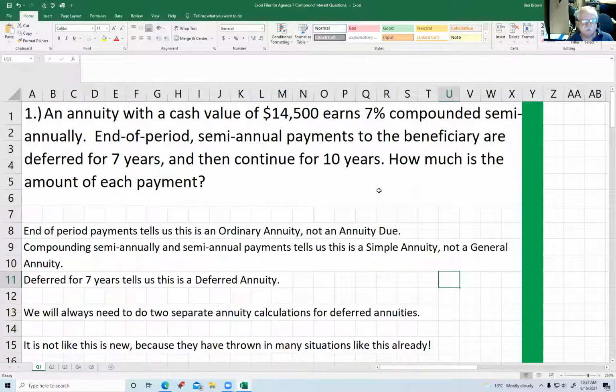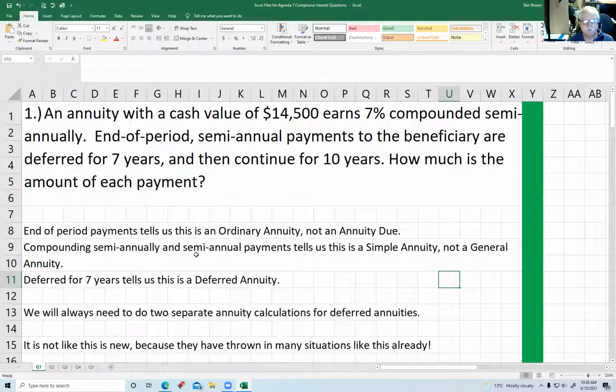So let's read this. An annuity with a cash value of 14,500 earns 7% compounded semi-annually. End of period semi-annual payments to the beneficiary are deferred for 7 years, then continue for 10 years. How much is the amount of each payment? So as it's end of period, that tells us it's an ordinary annuity, not annuity due.